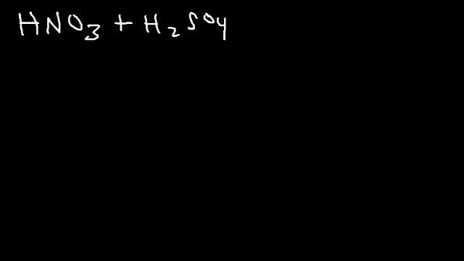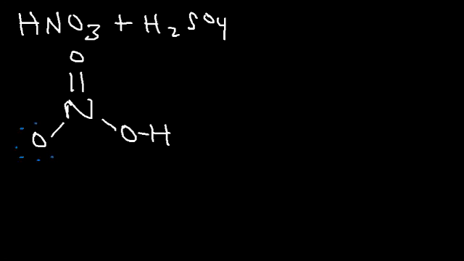Now, nitric acid is going to look like this. We're going to have an OH on one side and an oxygen with a negative charge. Now, nitrogen has a positive formal charge, so overall, the net charge is 0. So that's why HNO3 is neutral, but it has formal charges within its structure.